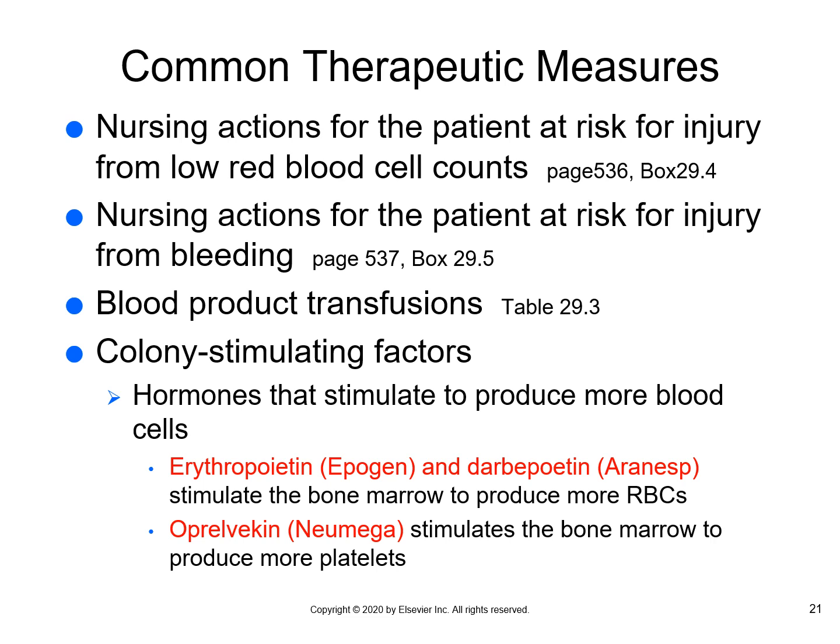Nursing actions for the patient at risk for injury from bleeding: please go to page 537, box 29.5. These are also interventions we can do for a patient at risk for bleeding. Highlight them, and I just want to point out number 5 and number 6.